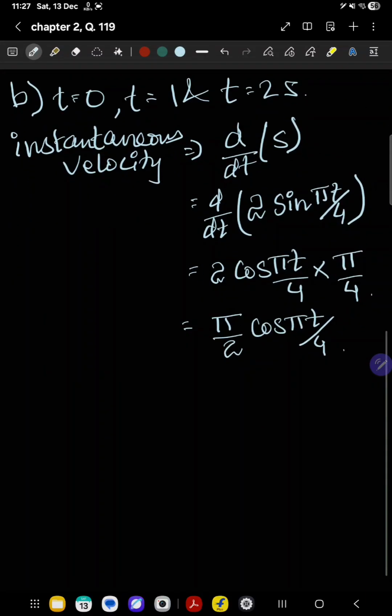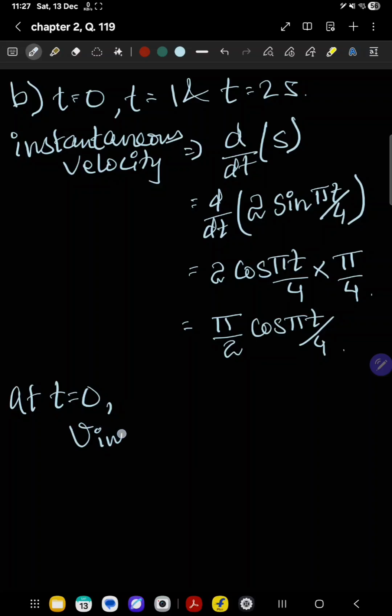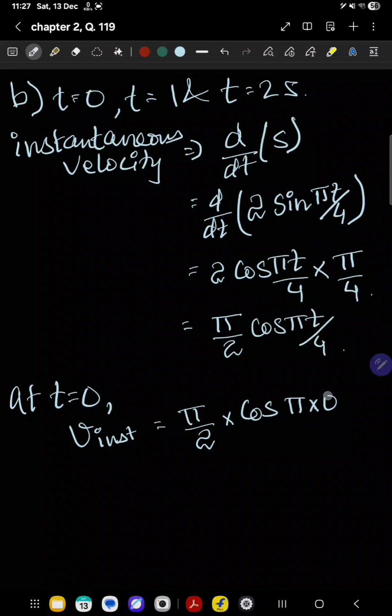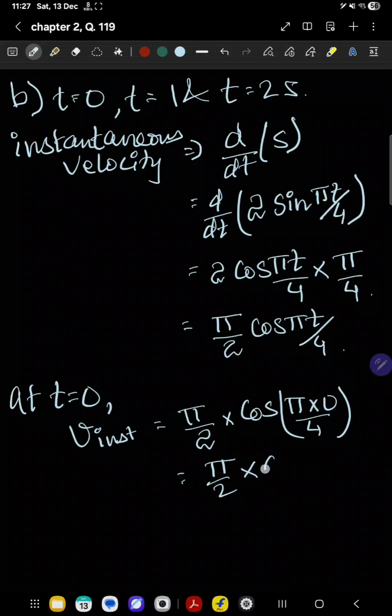Now at t equal to 0, the v instantaneous will be pi by 2 into cos pi into 0 by 4, right, which is basically pi by 2 into cos 0.